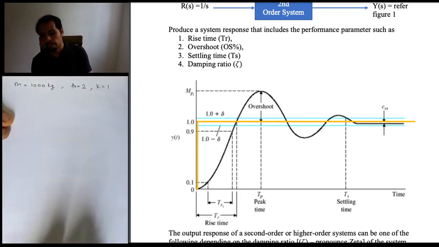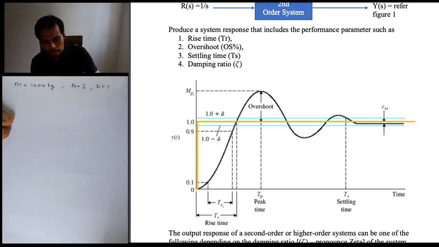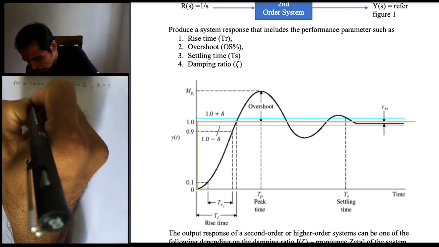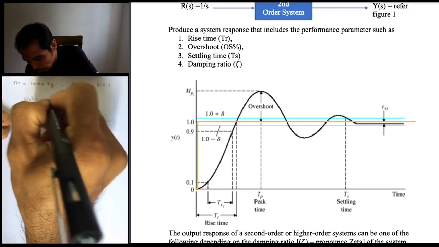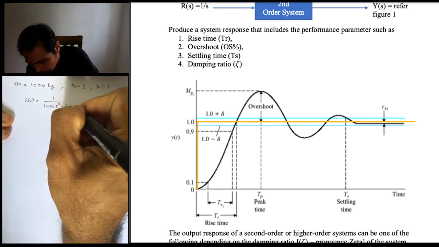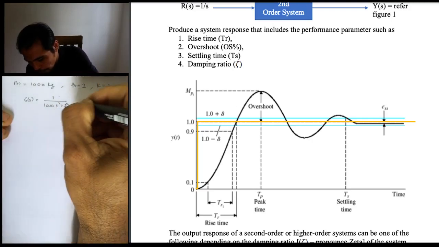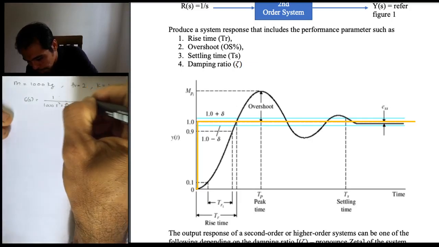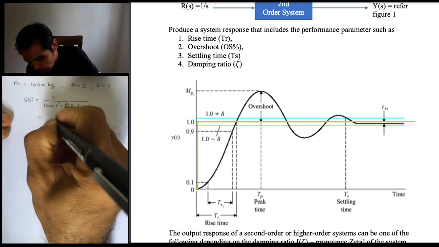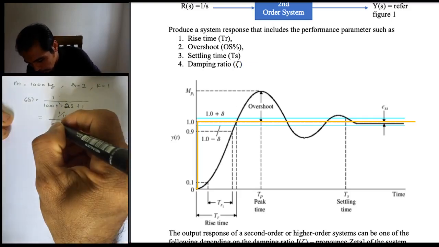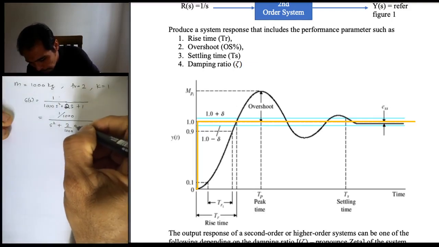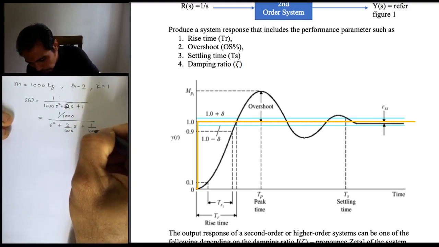This is 1. So our transfer function will be 1 over 1000 s squared plus 2s plus 1, right? So we'll end up getting 1 over 1000, and then s squared plus 2 over 1000 s plus 1 over 1000.